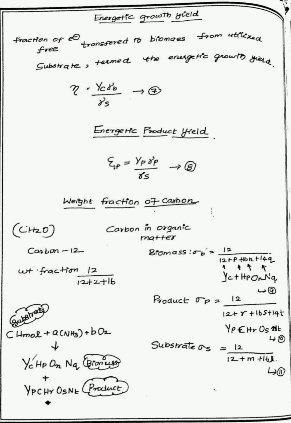For example, here I have given CH2O. So the number of carbon atoms here is 12. To calculate the weight fraction of the carbon, it is 12 divided by the molecular weight of the whole compound. Here H2 is 2 into 1 and oxygen is 16. So 12 divided by the total amount, you will get the answer.